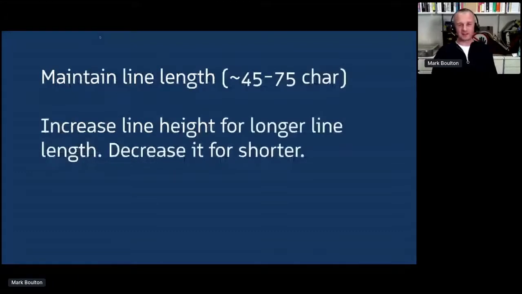So maintain line length. This is a bit of a bugbear for me, particularly with responsive design, is that once your line length gets over 75 characters long, it becomes more difficult to scan horizontally. To a point, you can mitigate this by increasing your line height. The longer your line length, that's called your measure, the more line height you need to make it easier to scan, because it needs more space above and below the line.